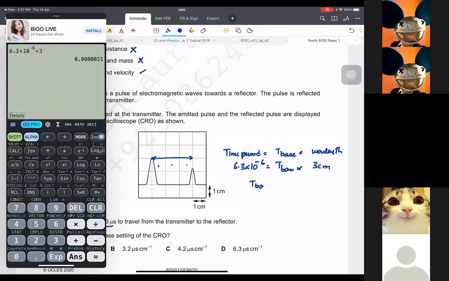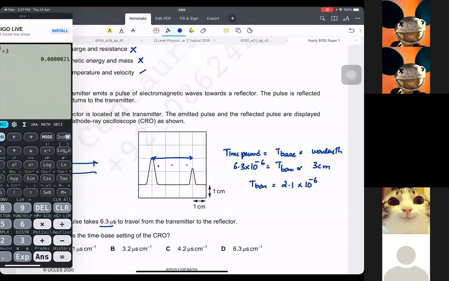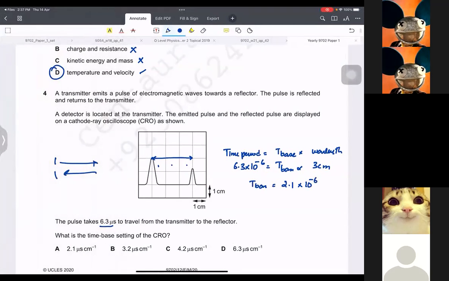So this is 2.1 times 10 raised to minus 6.